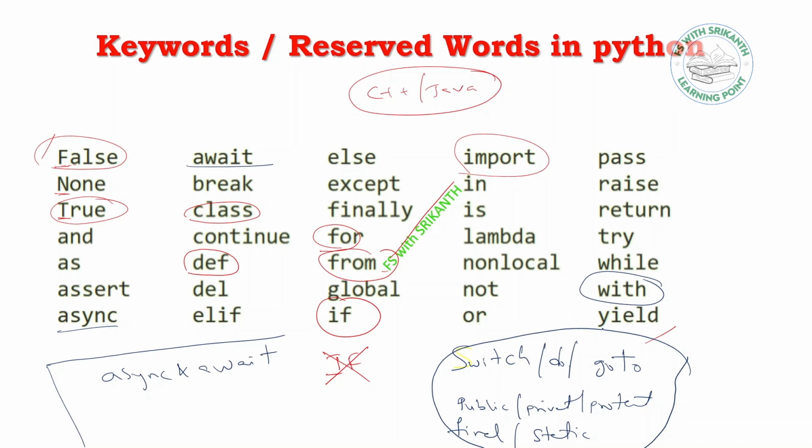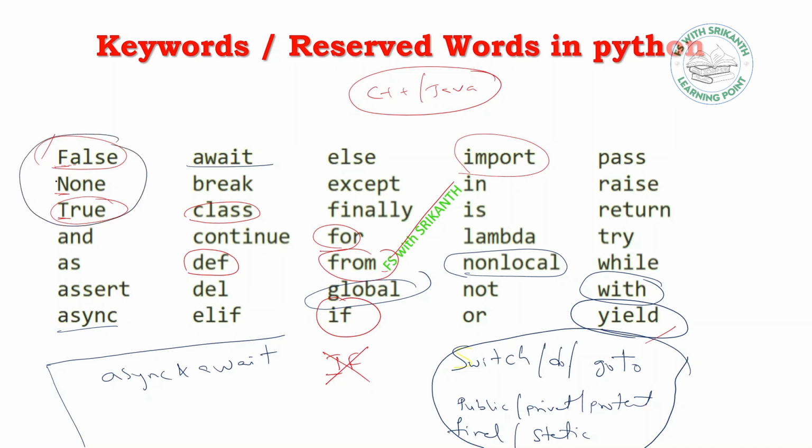And yield for generator functions, and nonlocal and global. These two keywords are for modifying variables in a nested scope. Python also has the keywords True, False, None for boolean and null values.